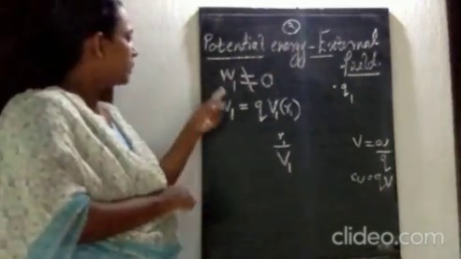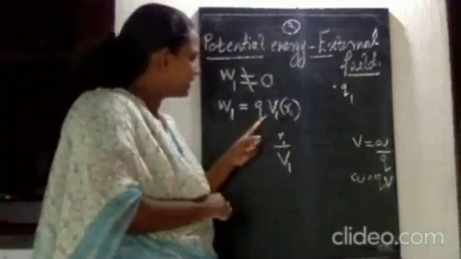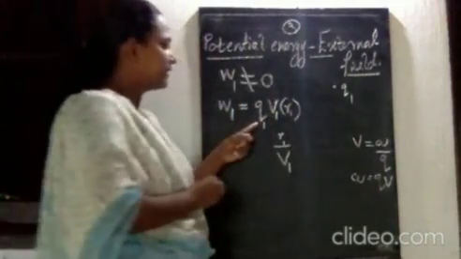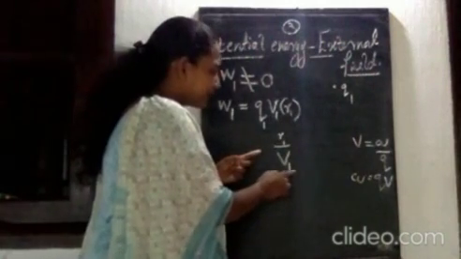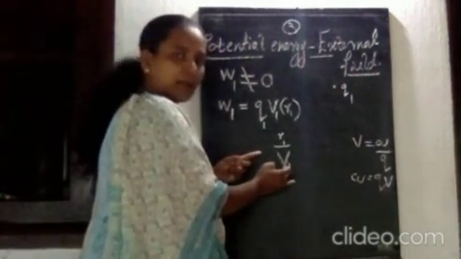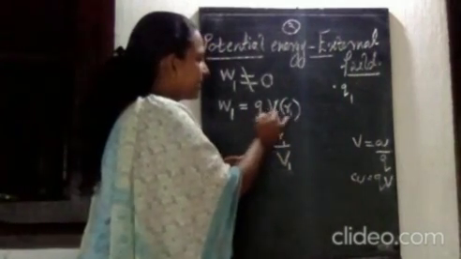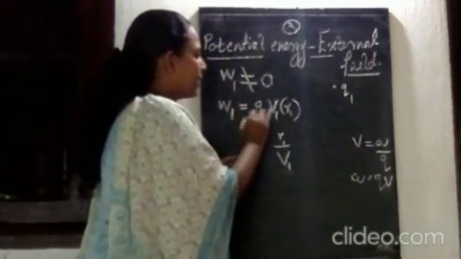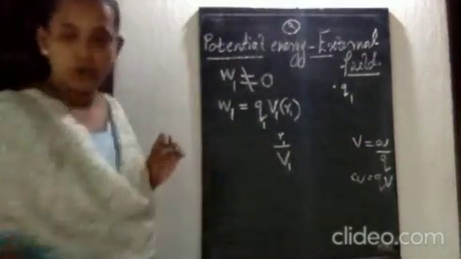So what is the work done? Work done is equal to Q into V. Here Q is the charge Q1, and V is the potential at that point, which is V1. And if the position is R1, you can write W1 equal to Q1 V1 of R1.